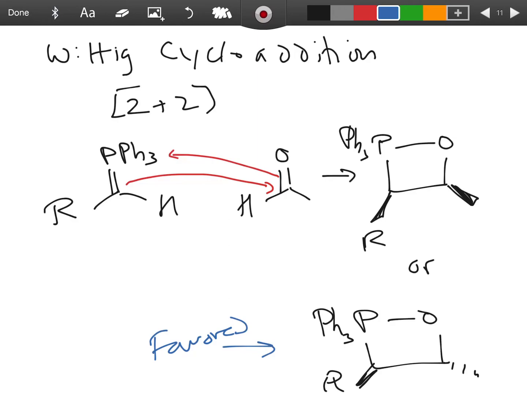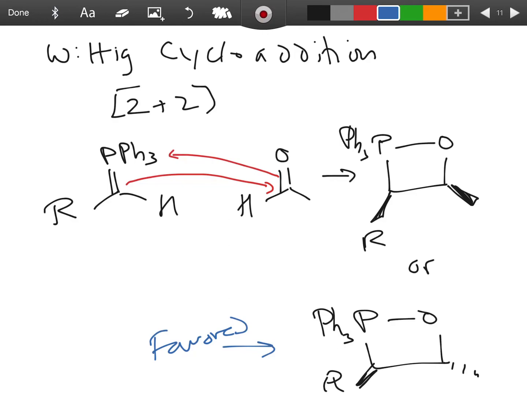They're on the same side of that forward ring. They're both down, right?